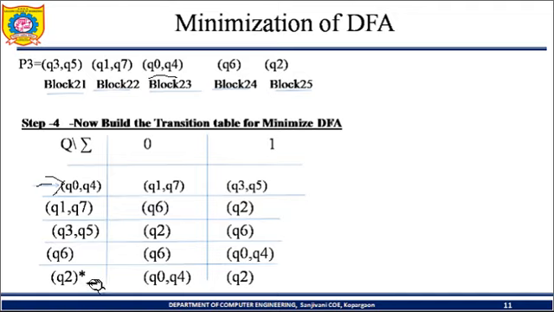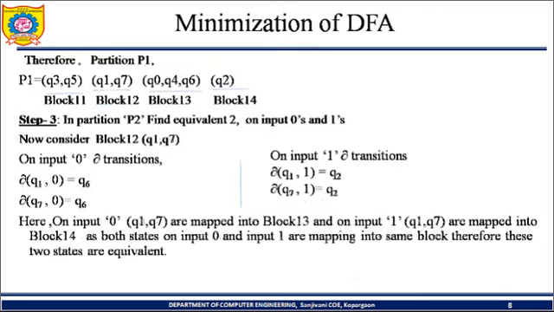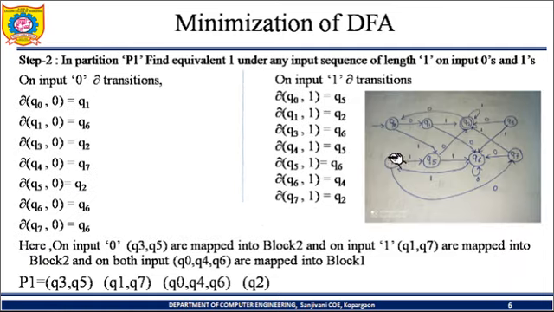So here also, in the minimized DFA transition table, we have shown it using a star because it is a final state. Now, Q0 Q4 after reading 0, where will it be? Q0 after reading 0 goes to Q1, and Q4 after reading 0 goes to Q5.